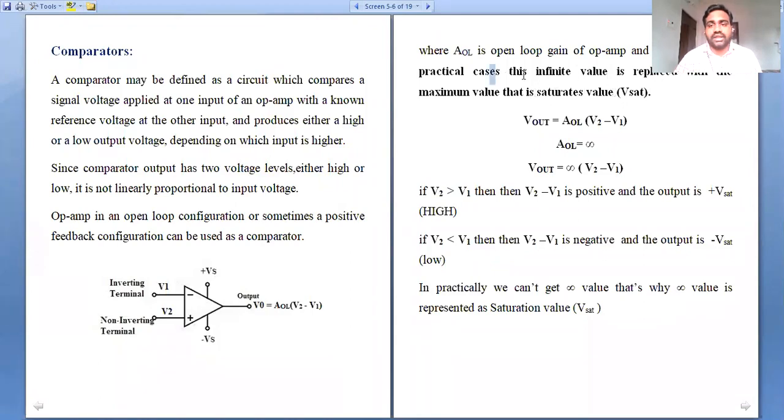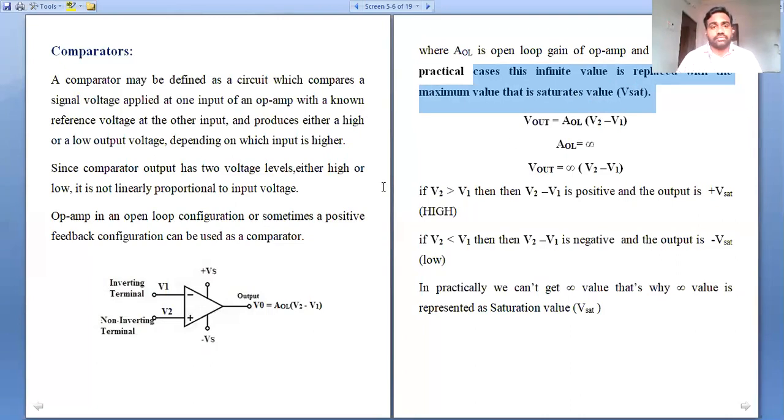That means in practical cases, the infinite value of the gain is replaced with a maximum value, which is called the saturated value.